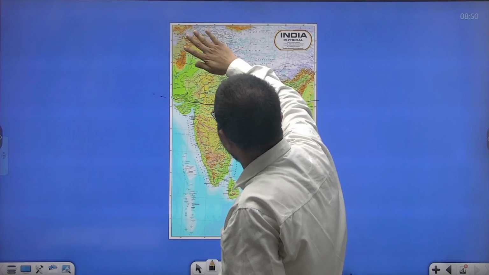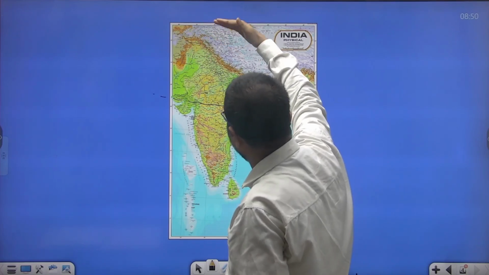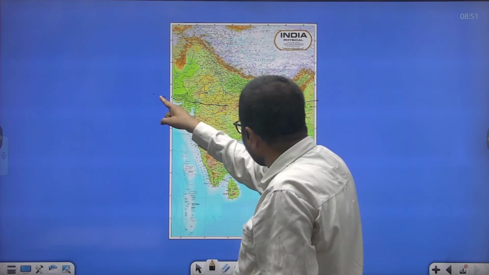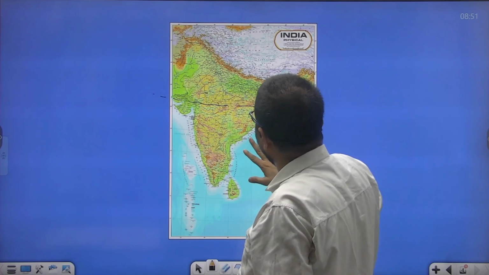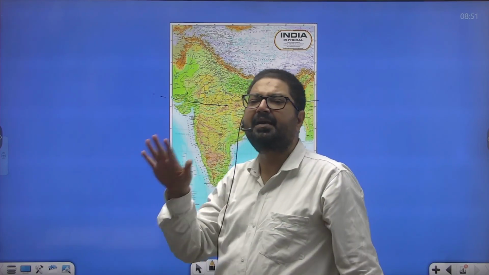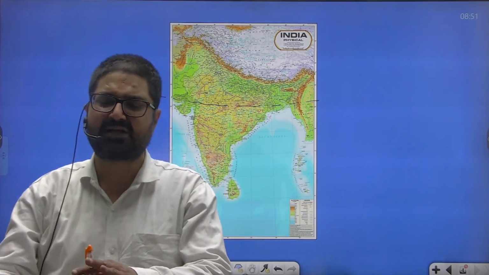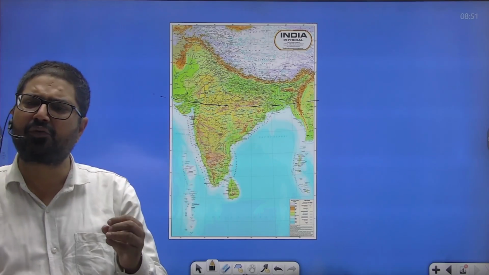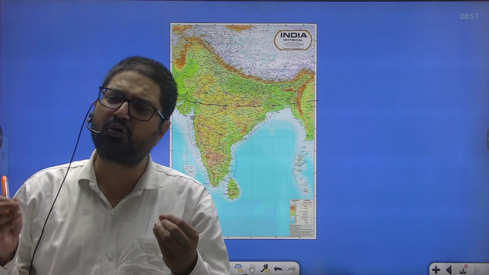Otherwise, because of the Himalayas, which protect the country from cold, icy Siberian winds, although the Tropic of Cancer passes through the middle, throughout the country below 900 meters, we have tropical climate, warm climate. If you move anywhere in the country below 900 meters, you will find warm climate for most part of the year.